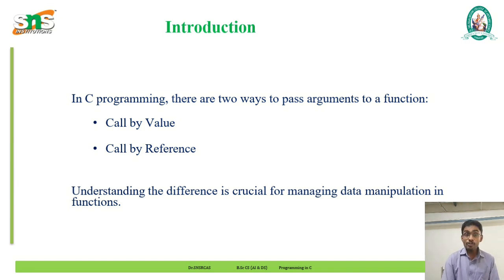These two come under functions with argument. While passing an argument to a called function, we have two different categories: one is call by value, another is call by reference. Understanding the difference is crucial for managing data manipulation in these types of functions.